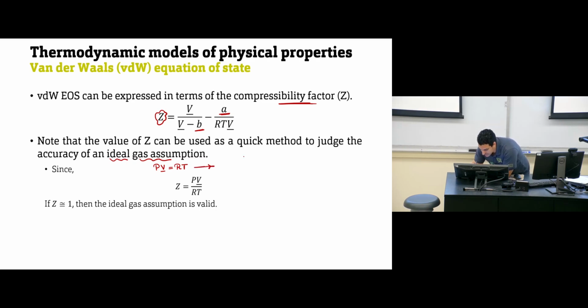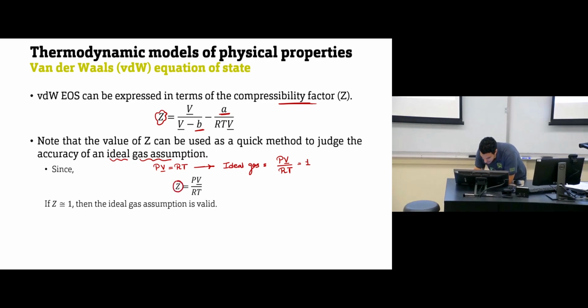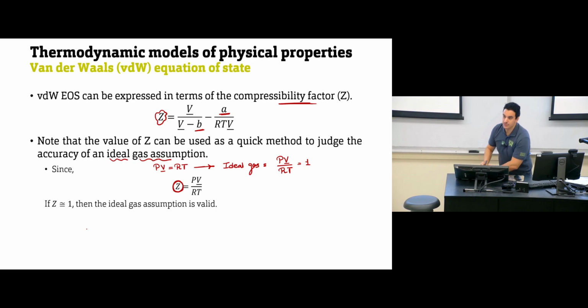If we derive this equation for ideal gas, we can have PV over RT equal to 1. So instead of 1, we put Z. So this Z represents the compressibility factor.